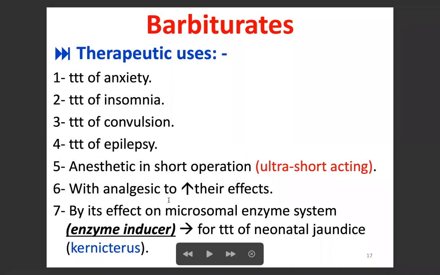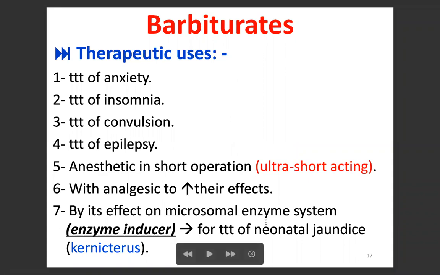And with analgesics, to increase the effect of the analgesic by its effect on the microsomal enzyme system. It is an enzyme inducer and is used for the treatment of neonatal jaundice kernicterus. Remember, kernicterus is a neurological condition, and if left untreated may lead to cerebral palsy.